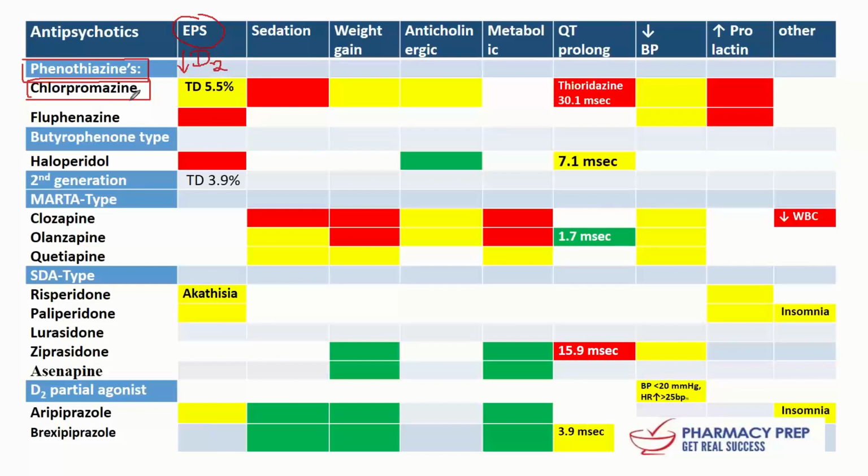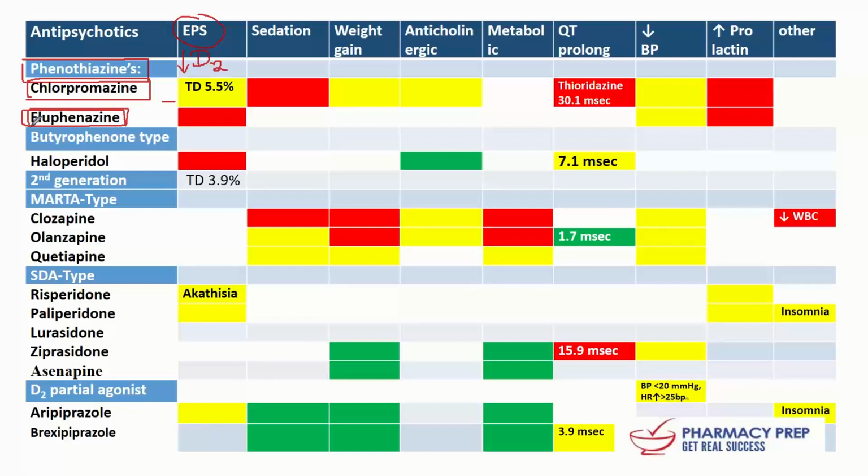However, it has higher binding to histamine and anticholinergic receptors. For that reason, the low potency first generation antipsychotics are generally considered to cause less or moderate extrapyramidal symptoms. And within those phenothiazines, there is a piperazine type of phenothiazine, which is fluphenazine.